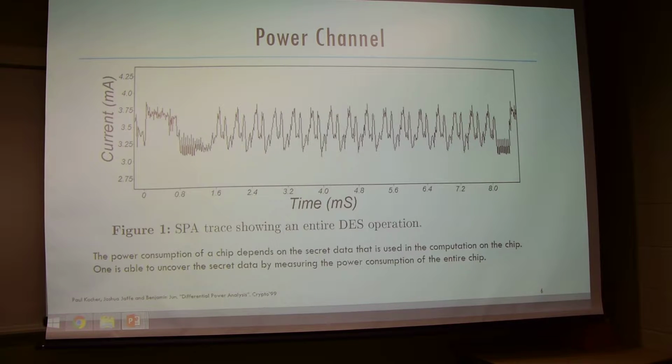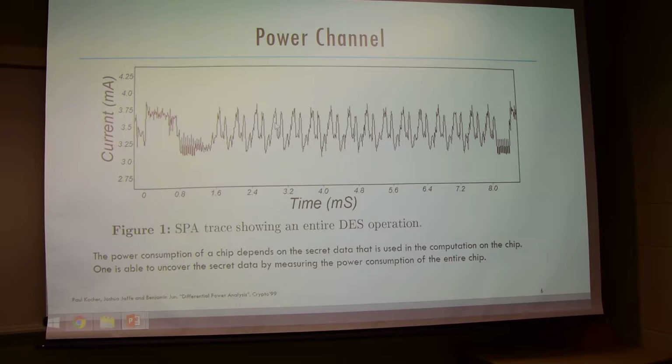This is a power side channel. This figure is a power trace. From this power trace, you can clearly see that it has 16 repeated patterns, which are the 16 rounds of one DES operation: 1, 2, 3, 4.